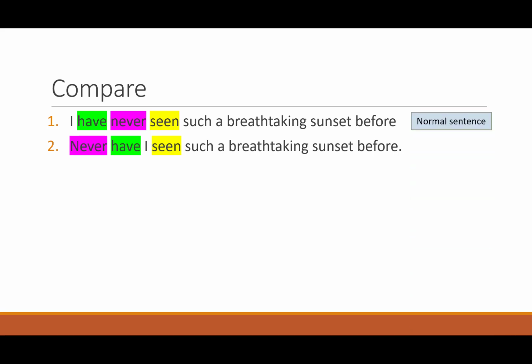The first sentence is a normal sentence, but the next sentence is an inverted sentence. In a normal sentence, you start from the subject, then the verb. But in an inverted sentence, the subject is between the auxiliary verb and the main verb.